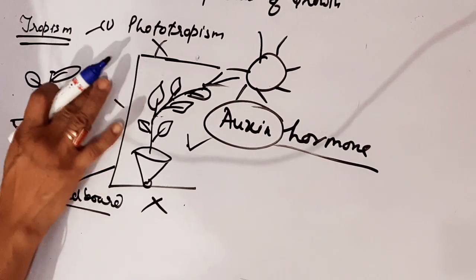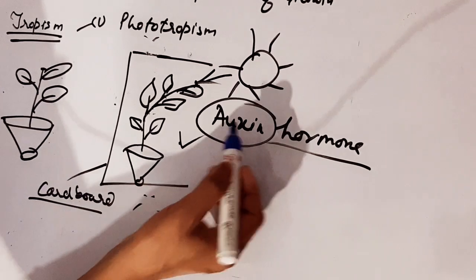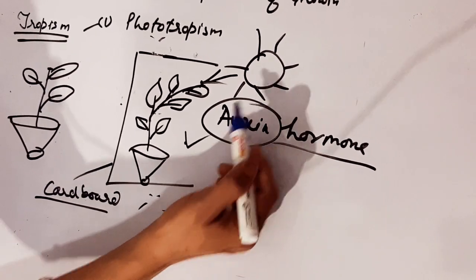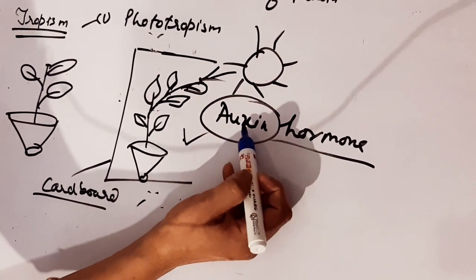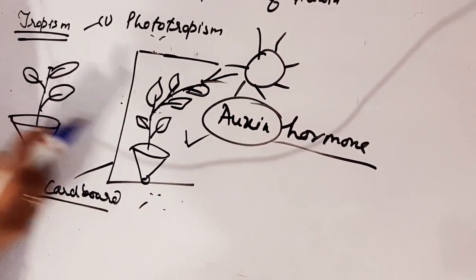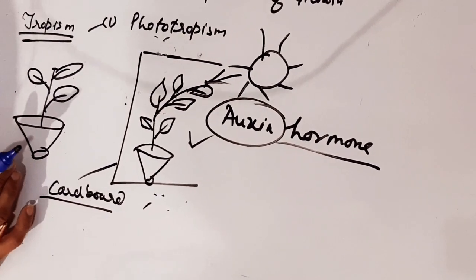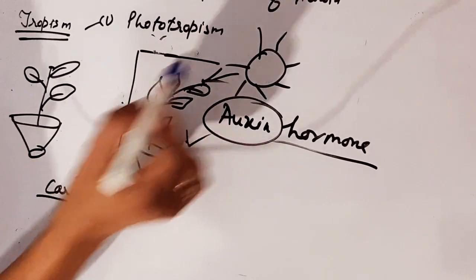I hope you have understood why this growth takes place. Growth is taking place just because of this auxin, which is secreted when the sunlight falls on it. When auxin is secreted, growth takes place. That's why we see the bending of the stem. So this is the movement due to sunlight.